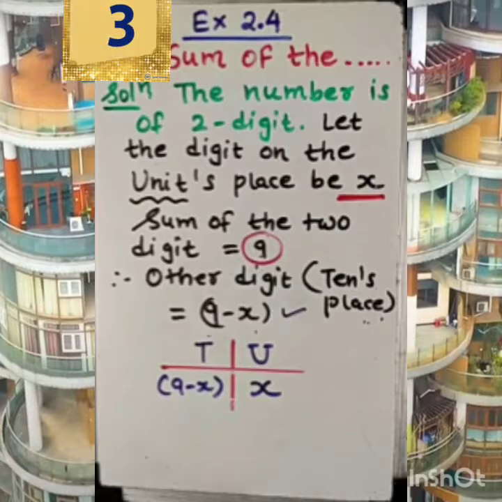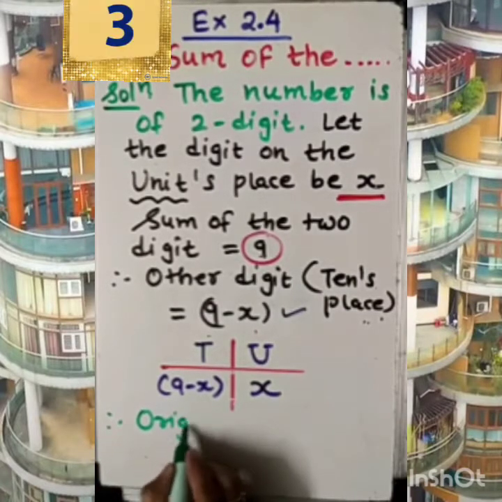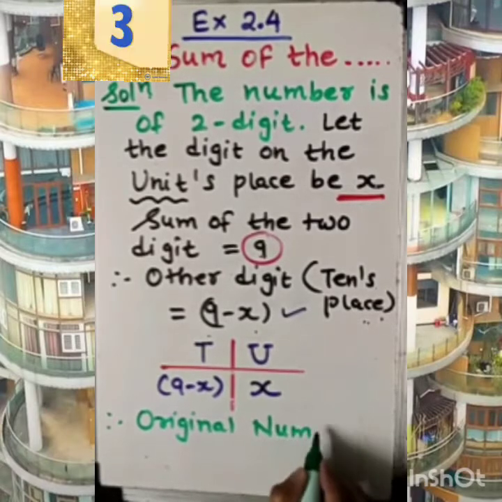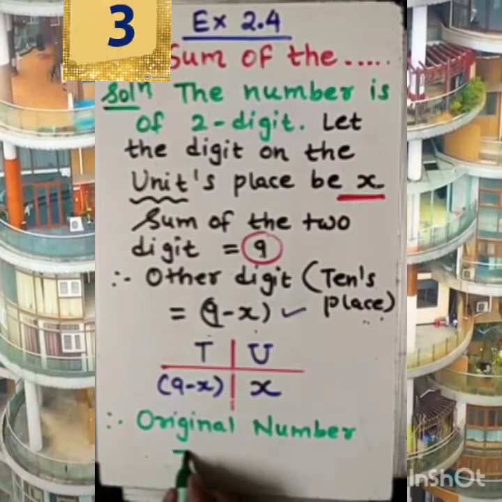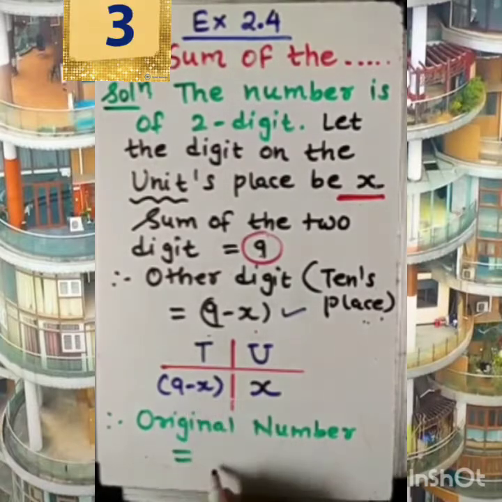Okay. See here, student, how to work out the original number. So we need to mention here original number equals what? So dear student, as we know, in the original number the tens place digit must be multiplied by 10.